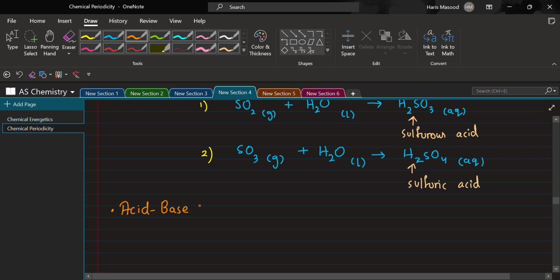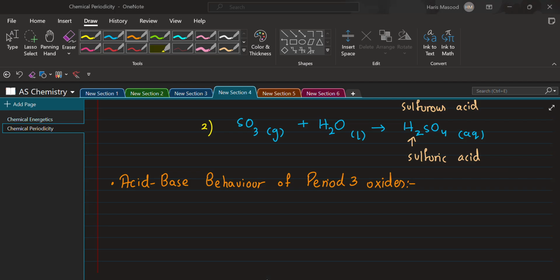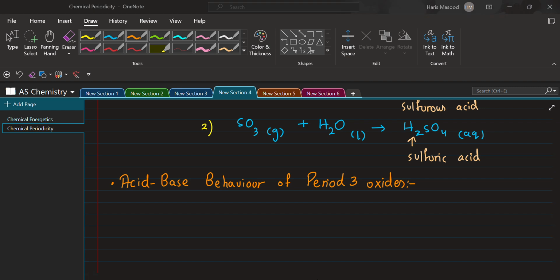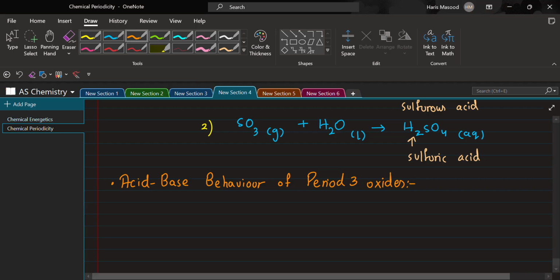So we know the trend going across period 3: the nature of oxides was changing from first basic, then amphoteric, and then it reaches acidic. So we can see that acidity of oxides is increasing across the period.